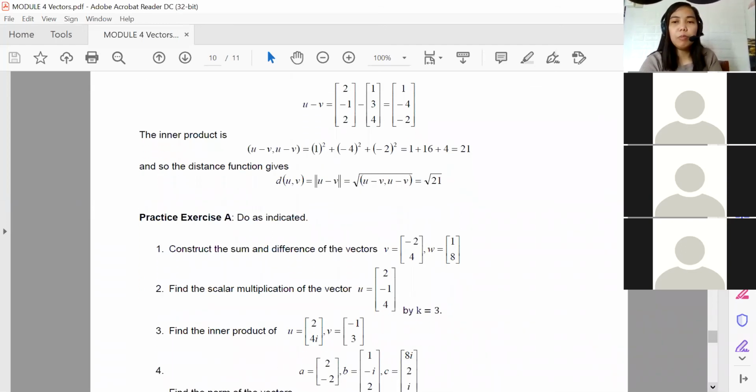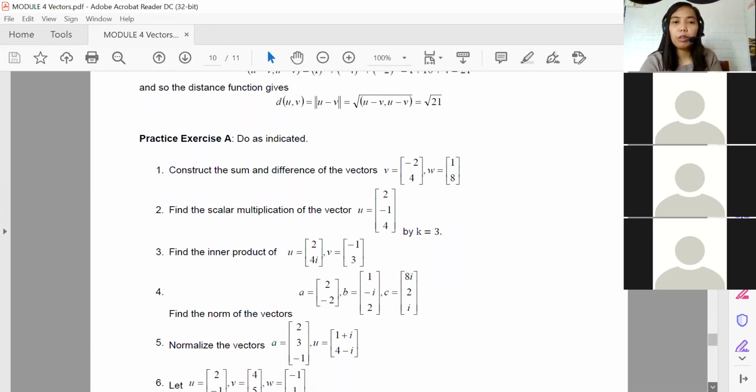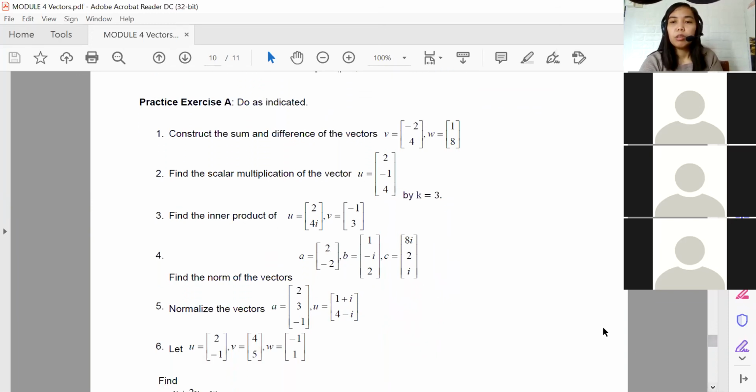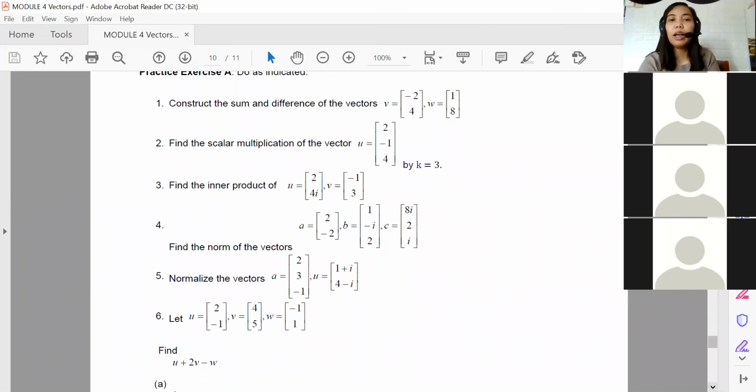Number 1, get the sum and difference. 2, scalar. 3, inner product. 4, norm of the vectors. So each vector get the norm. And number 5, normalize the vector. So yan ay sa unit vector.